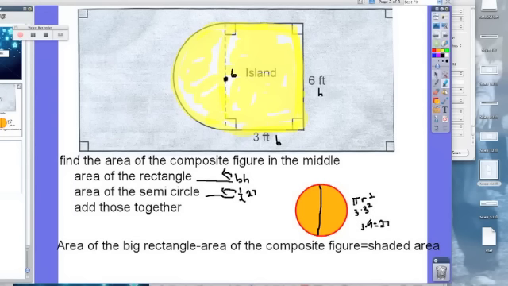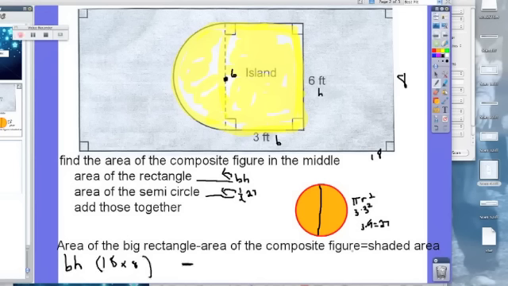I'm not going to do your multiplication for you. So you got 18 times 8. You're going to get an answer. You're going to subtract it from the area of the composite figure. This answer that you get right here, after you add everything together, is going to go here.